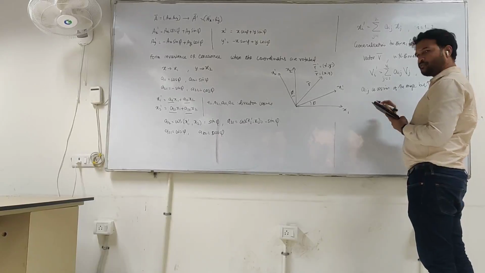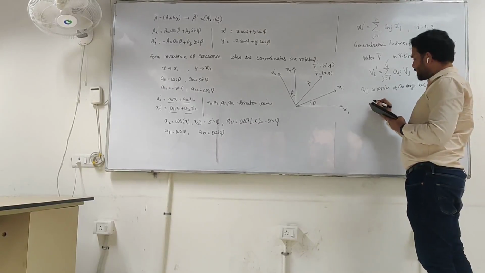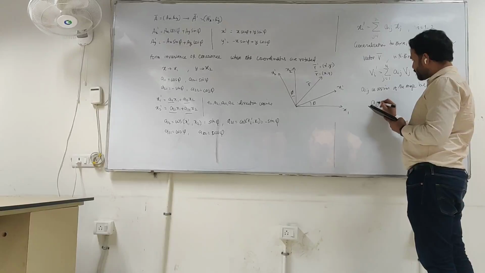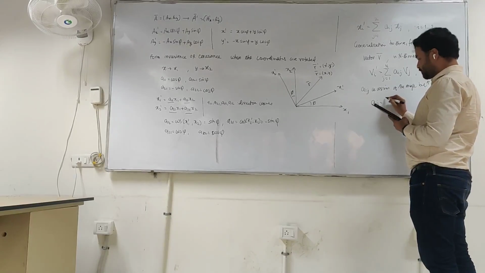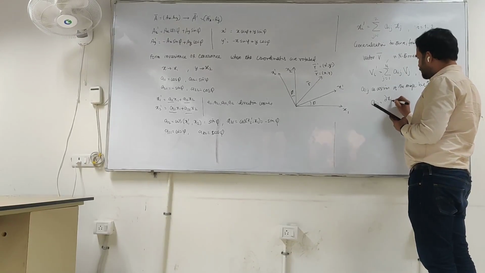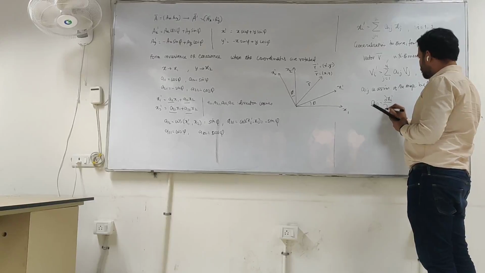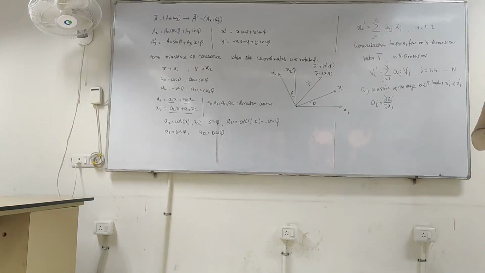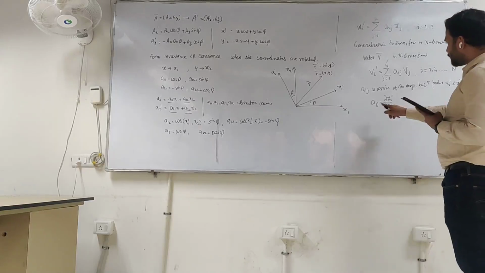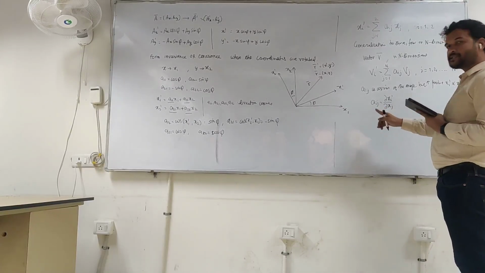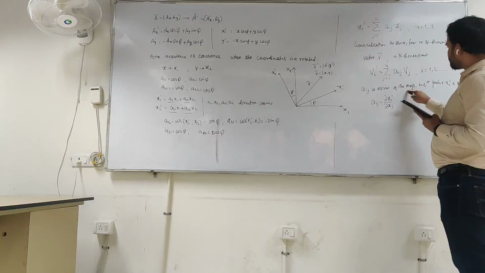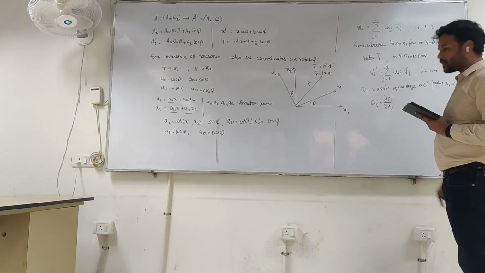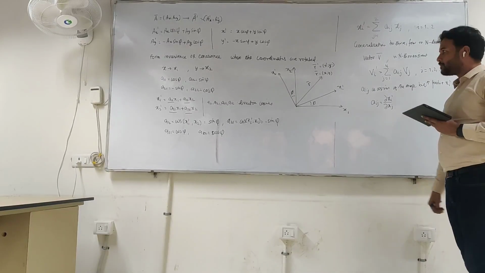From this definition we can also write Aij as dxi prime upon dxj. There we are writing down the cosines of the angle between the positive xi prime and xj prime.